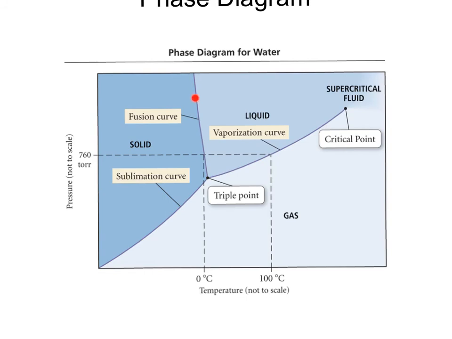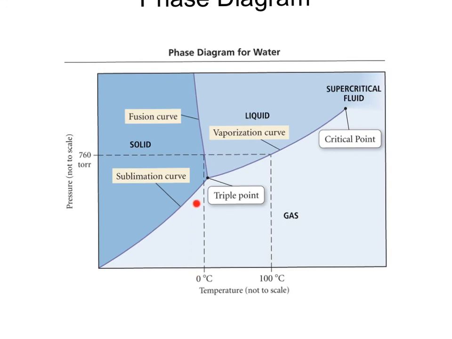And then there are these lines that differentiate between solid and liquid and the other phases as well. Those would be considered equilibrium lines or curves. The transition between solid and liquid can occur at any pressure-temperature combination that makes it fall on that curve.